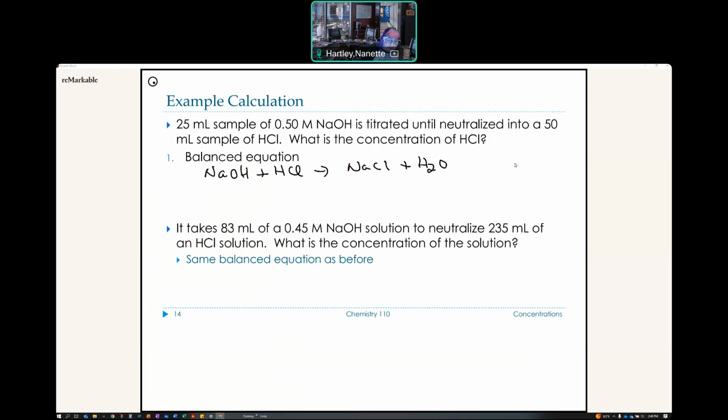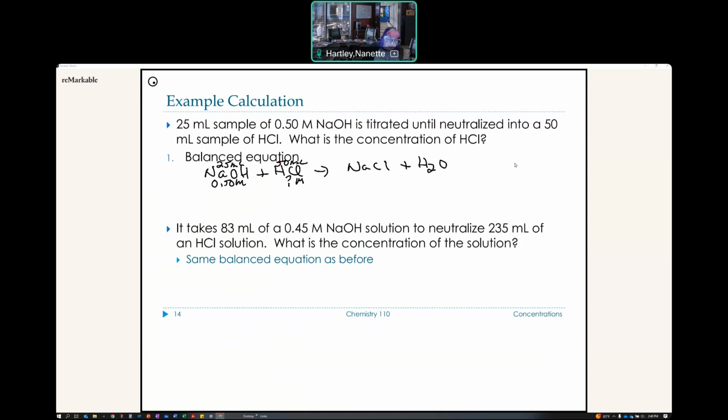I have a 25 milliliter sample, 0.50 molar NaOH. And I have a 50 milliliter sample. I don't know what this concentration is, but I'm looking for it. So this is what I've got to work with.